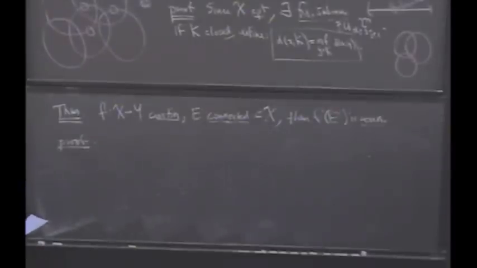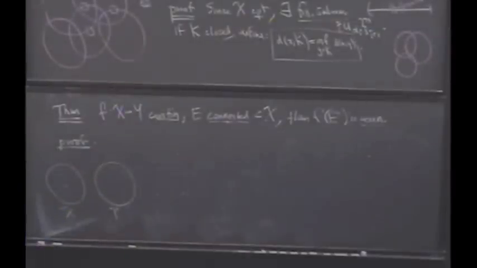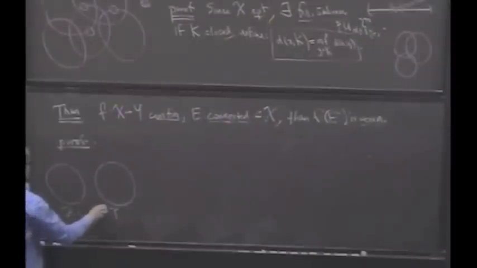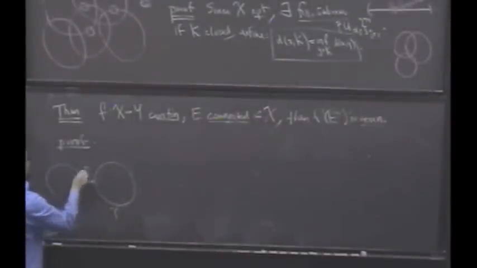Time for a picture. Here's a space X. Here's a space Y. And here is a function from x to y. Okay. Smiley face. Sorry, that was my only excuse for drawing it down there. I'll just draw it here.